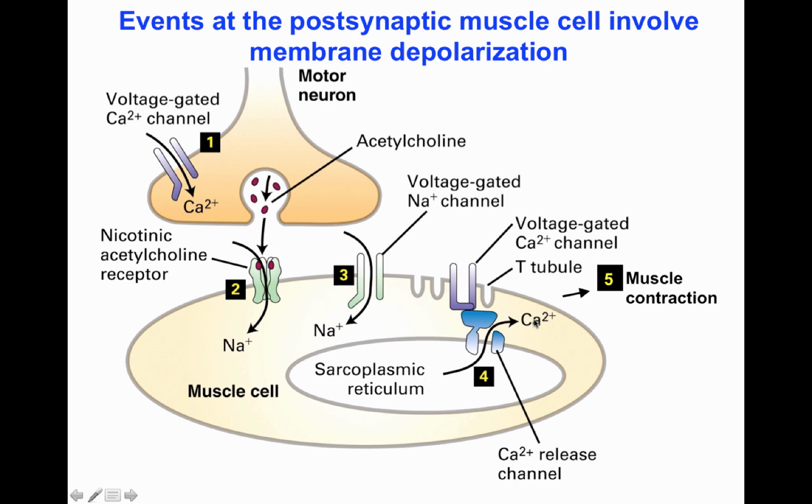That great influx of calcium ions, because the cytoplasm is being inundated by calcium ions fluxing from the sarcoplasmic reticulum, will induce muscle contraction.